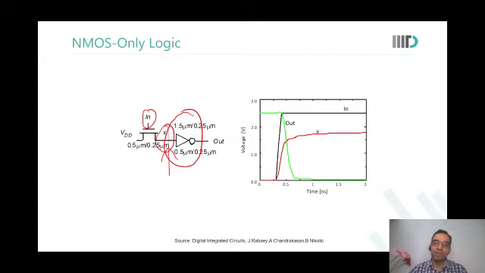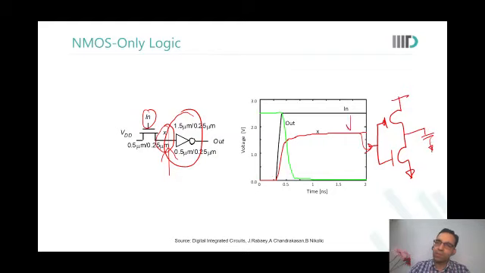Let me explain. I have this inverter. The input is this, and this is VDD minus VT. So you are just at the boundary of threshold voltage for the PMOS.